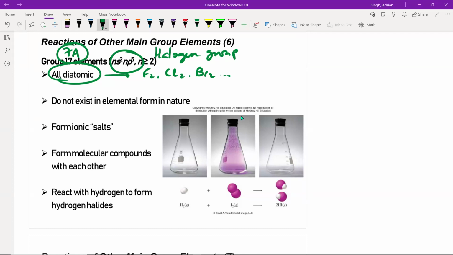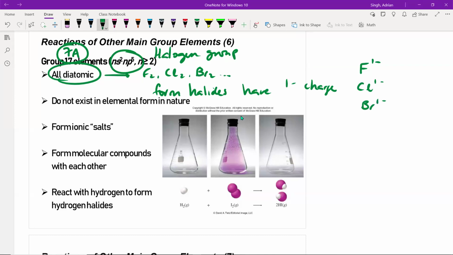These form halides very easily, right? And halides have a 1 minus charge on them. So for instance, fluorine can form F minus, chlorine Cl minus, bromine Br minus, etc. Right?